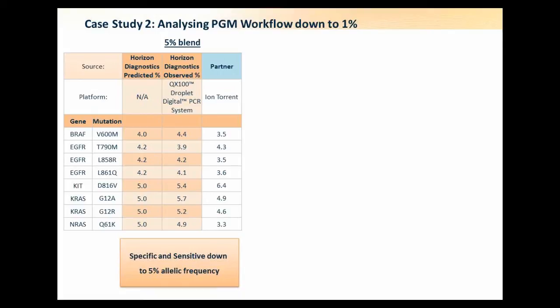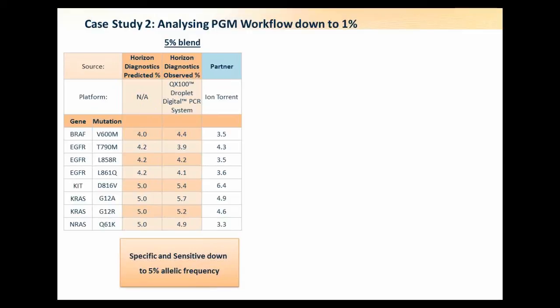And then to the right again, in blue, you can see our partner's Ion Torrent data. What you can notice is that there is quite a good correlation between the expected and the observed data on the two platforms, digital PCR and Ion Torrent, for the 5% blend.